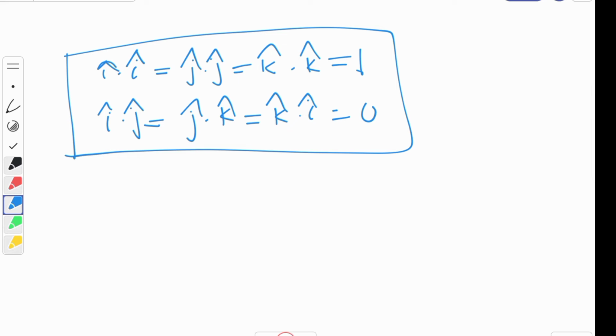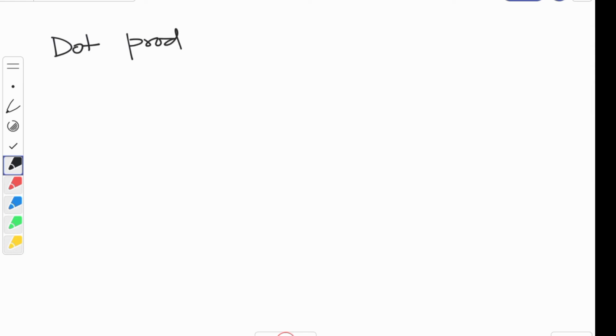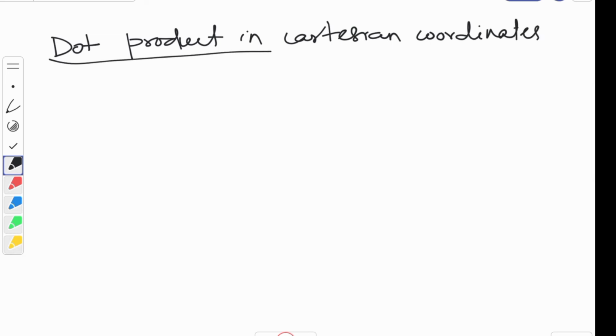Now we'll see how to do the dot product in Cartesian coordinates. So easy, but you have to keep patience. Dot product in Cartesian coordinates. Do you remember, children, how to represent vectors in Cartesian coordinates?